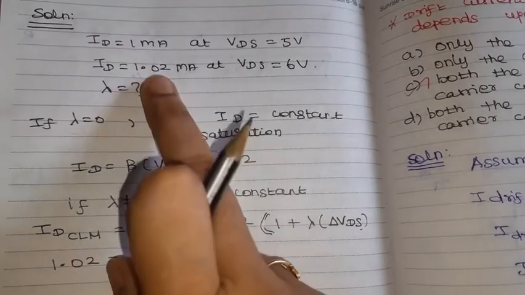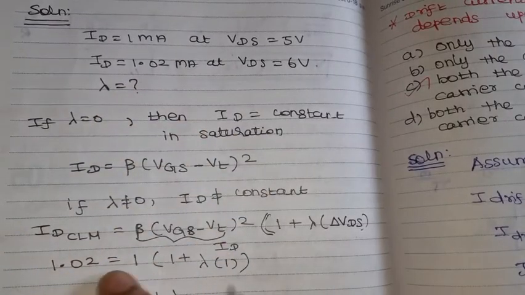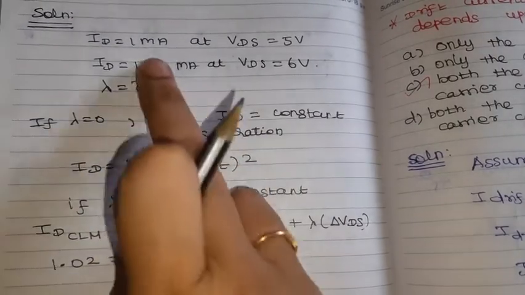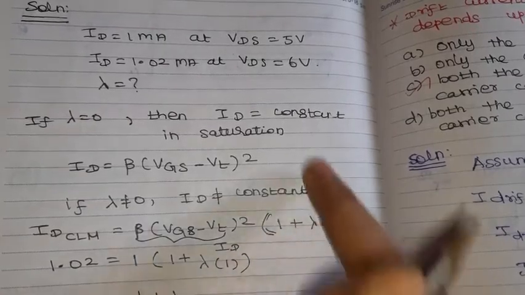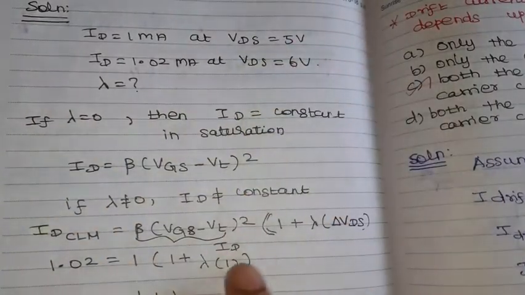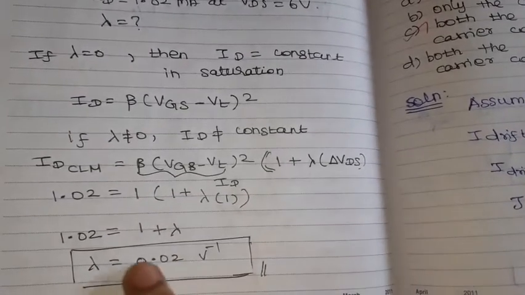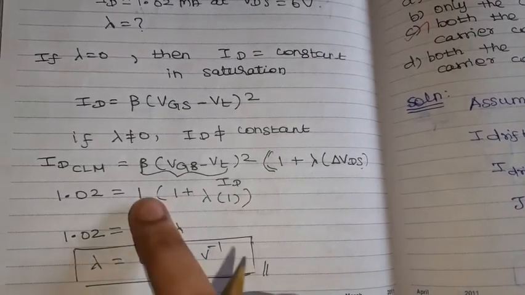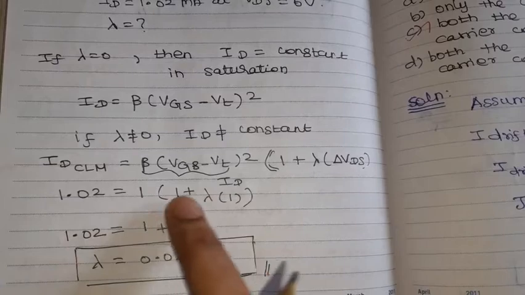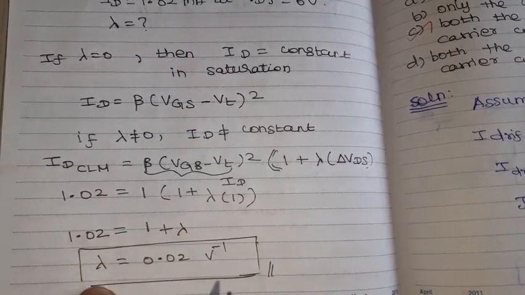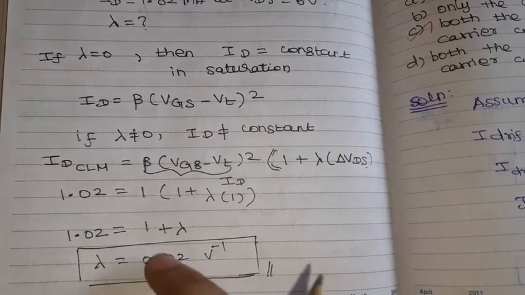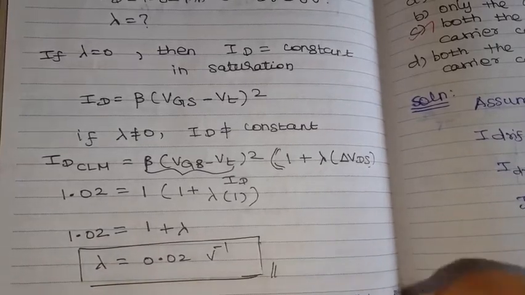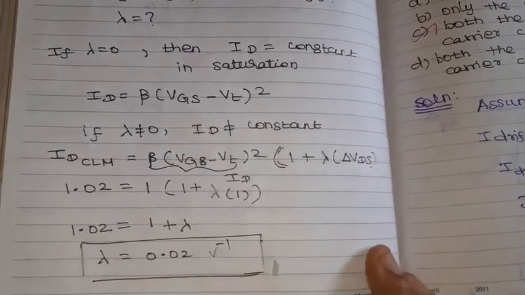ID with CLM is nothing but 1.02. This is 1 milliampere into 1 plus lambda into delta VDS, which is 6 minus 5, 1. So 1.02 minus 1, all are 1 only. So 1 plus lambda. So what is lambda? 1.02 minus 1. What will happen? 0.02 volt inverse. So this is the channel length parameter value.